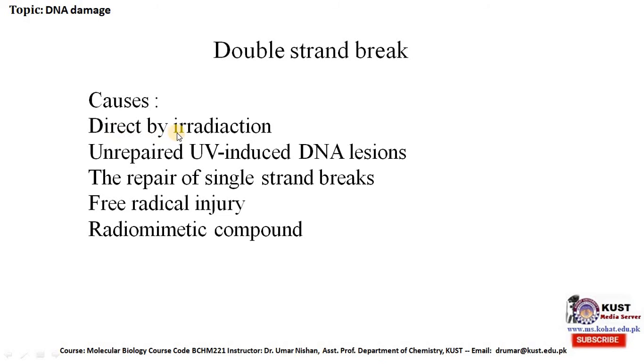It can be caused directly by irradiation, or by unrepaired UV induced DNA lesions. It can be caused by the repair of single strand breaks. It can be caused by free radical injury, and radiomimetic compounds can cause double strand break.